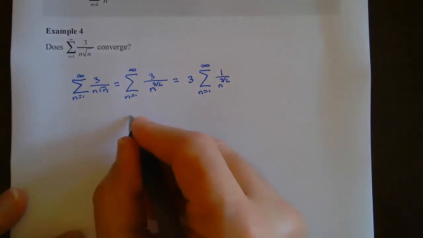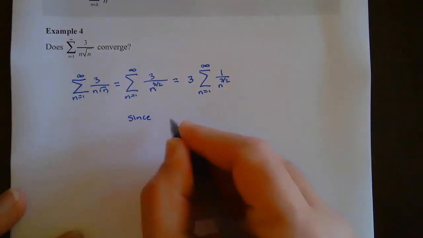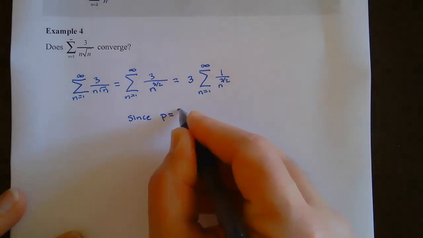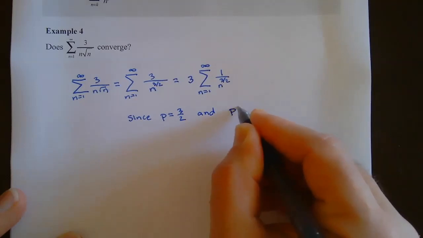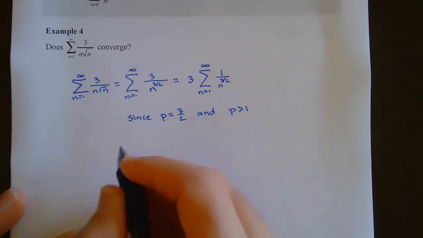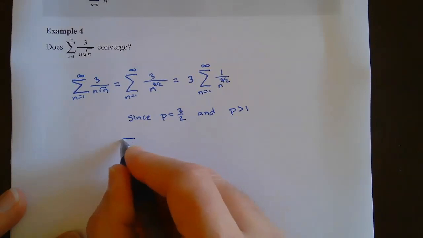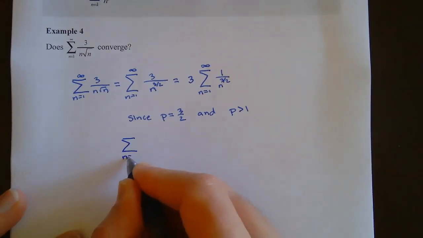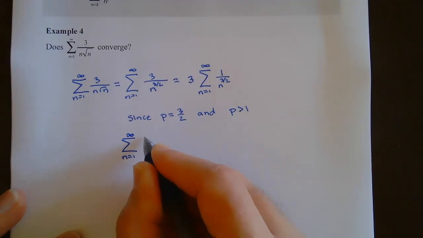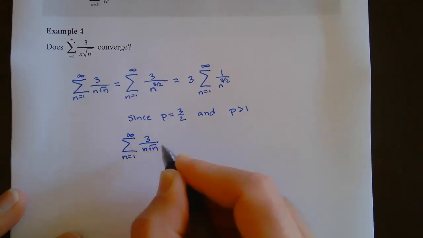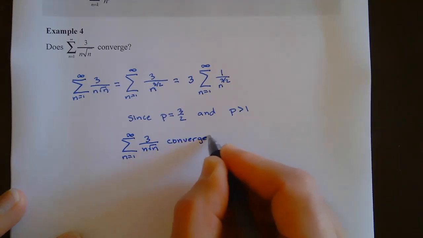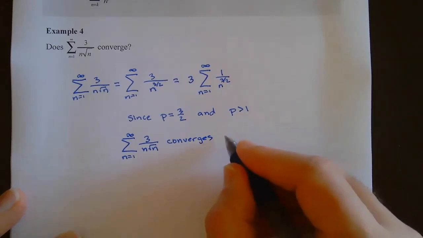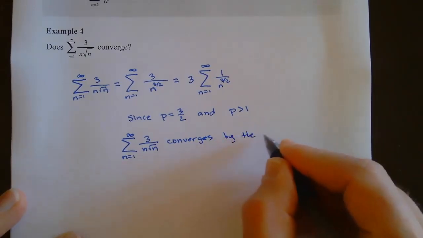So since p, in this case, equals 3/2, and the fact that p is greater than 1, you need to state that, then we know that this series, sigma n equals 1 to infinity of 3 over n square root of n, converges. We know it automatically converges without having to do the integral test, and it's by the p-series test.